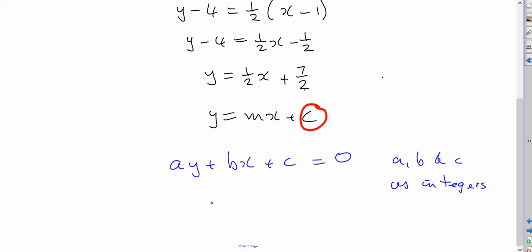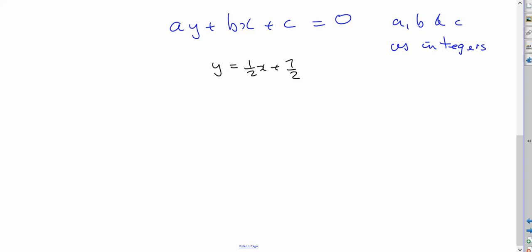Here we have y equals a half x plus 7 over 2. We would multiply everything by 2. 2y equals x plus 7. So all the coefficients are integers, and I would want to write all the terms on one side of the equation and write equals 0. So subtracting x and subtracting 7 from both sides, and then you have the equation in the correct format.